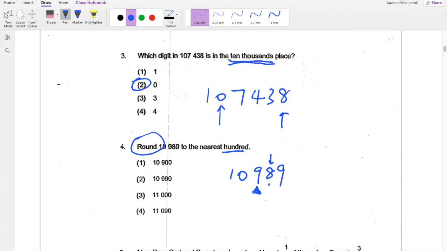If this one is 4 or less, we just let them become 0. While if it's 5 or above, we need to add 1 to the hundreds. So here 8 is greater than 5, so we need to add 1 to the 100. So it becomes 11,000. So the answer is 3.